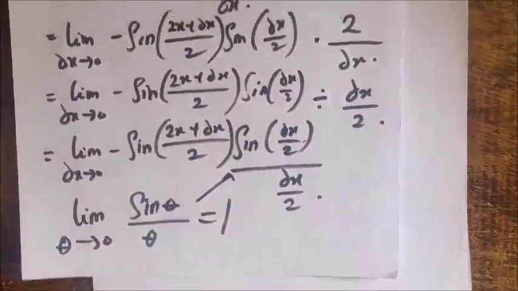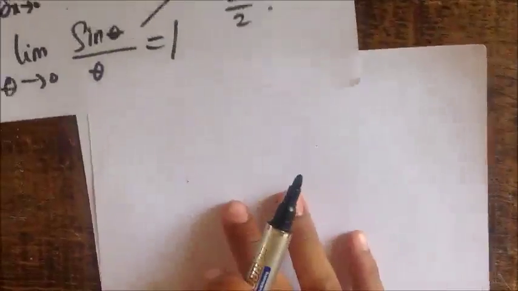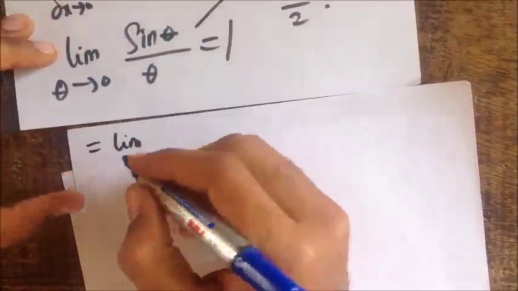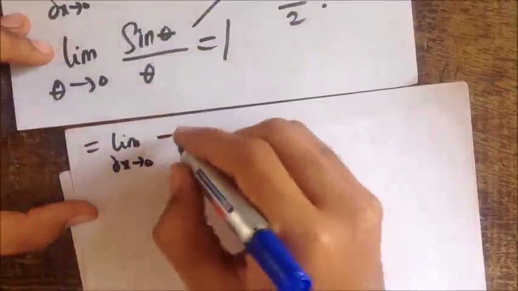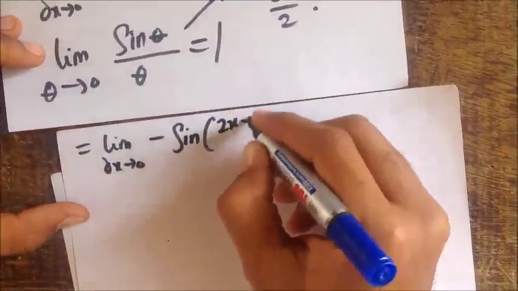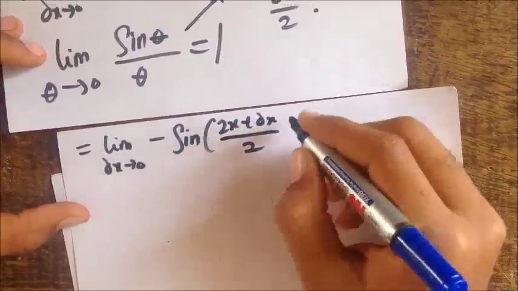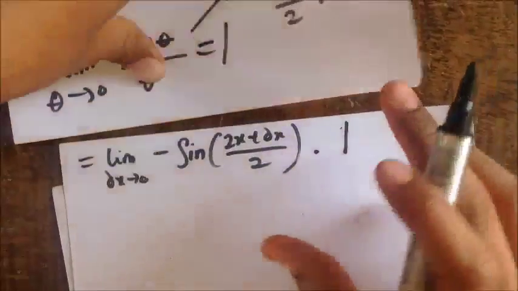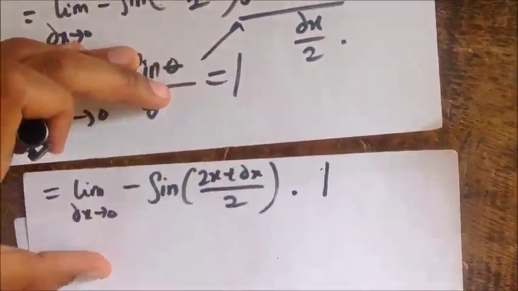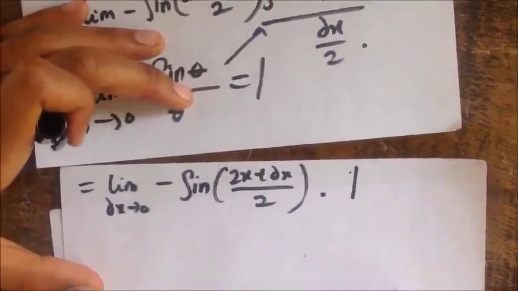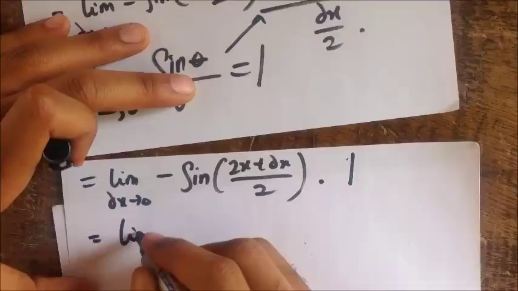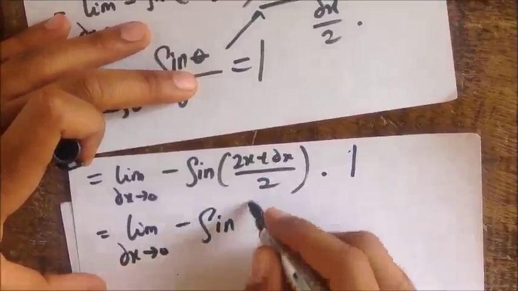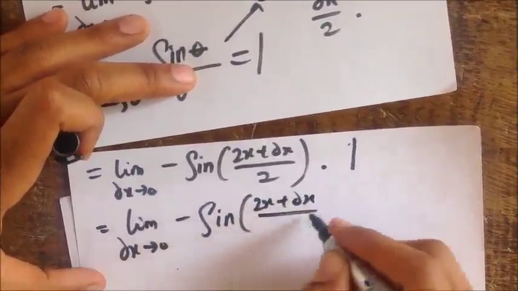So I'll continue. My dy/dx is equal to the limit as delta x tends to 0 of minus sine of (2x plus delta x) divided by 2 times, using this law now, this is now 1. Sorry about that. This is 1. To simplify this now, this is going to be the limit as delta x tends to 0 of minus sine of (2x plus delta x) divided by 2.